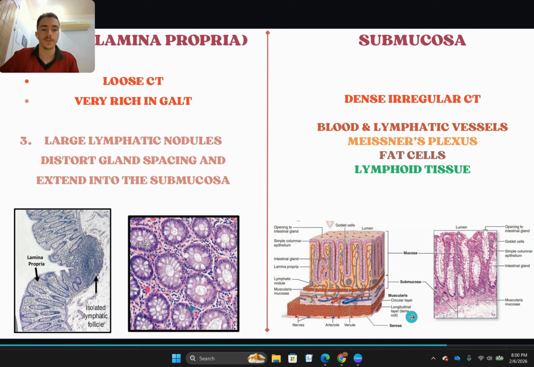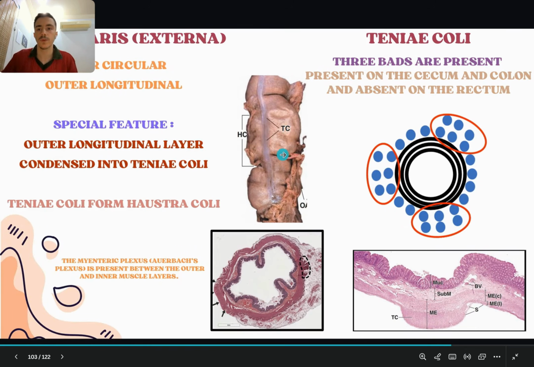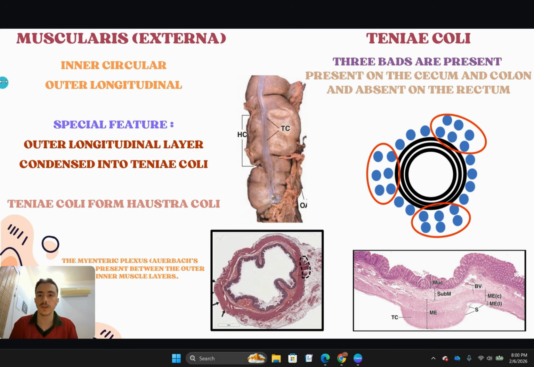For the muscularis externa, again we have the inner muscle, which is circular, and the outer, which is longitudinal.